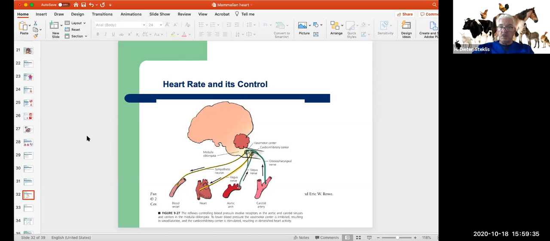And that's what's shown here: there are parts in the medulla, this brainstem portion of the brain, that are these kind of control centers, if you like, that through these sympathetic and parasympathetic components, especially the vagus nerve that carries parasympathetic stimulation, tend to slow the heart rate down.